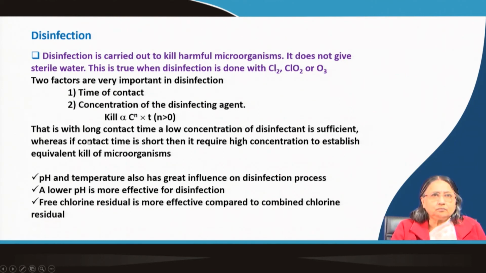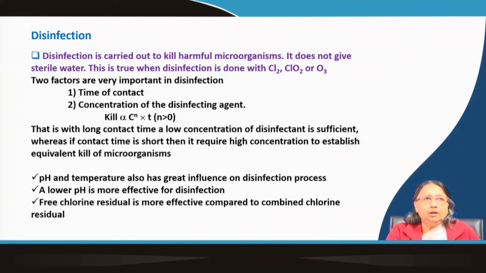Now, that is with long contact time. I already explained that contact time and concentration we can vary depending on what we actually want. Then pH and temperature also have great influence, which we have already discussed, and lower pH is more effective for disinfection, but we usually do it at around 7 to 8.